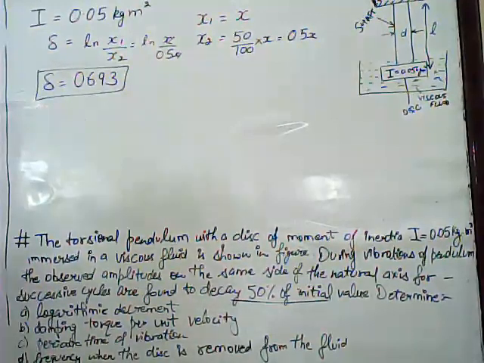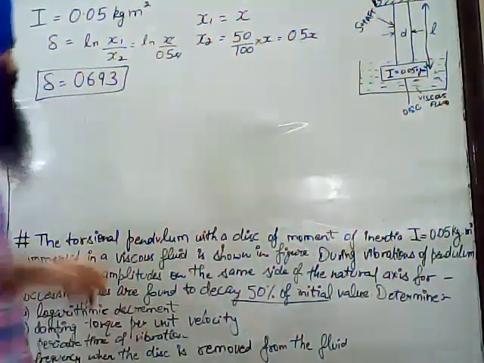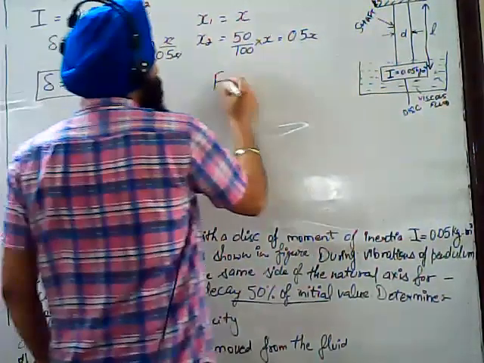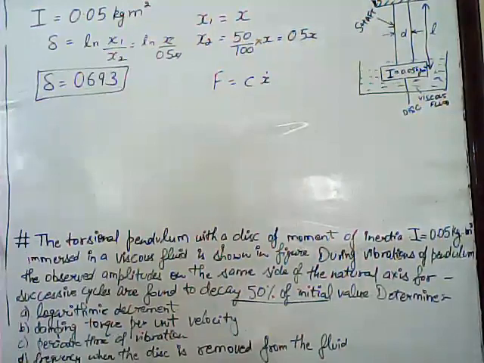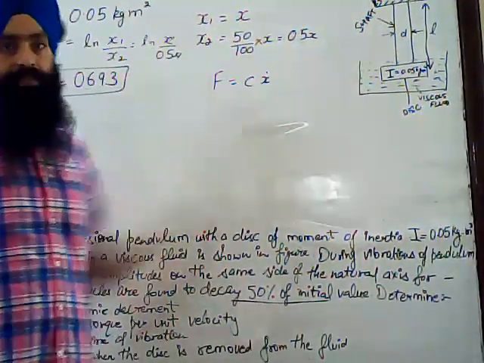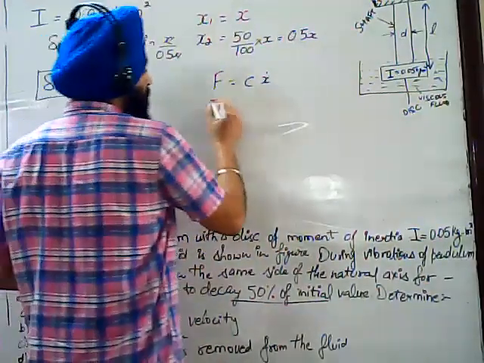The value of logarithmic decrement is 0.693. Secondly, we have to find the value of damping torque per unit velocity. As we know, F is equal to C into x dash; viscous force is given by C into x dash. Since this is a rotational system, F will be replaced by torque.